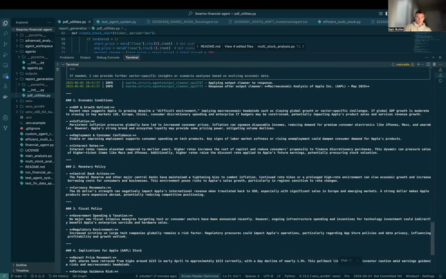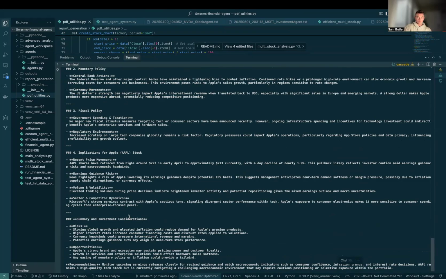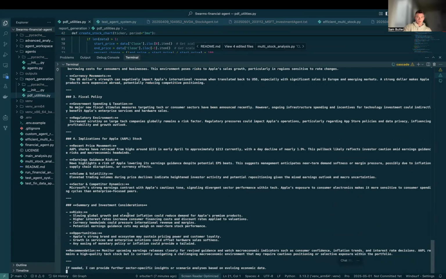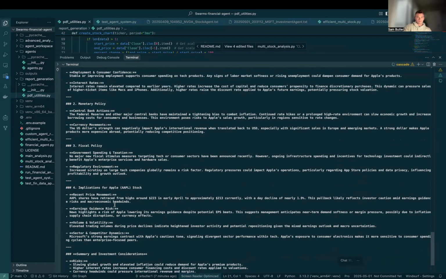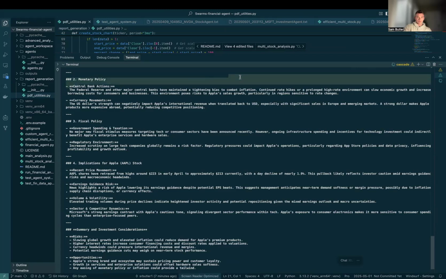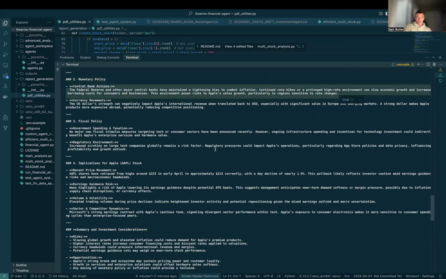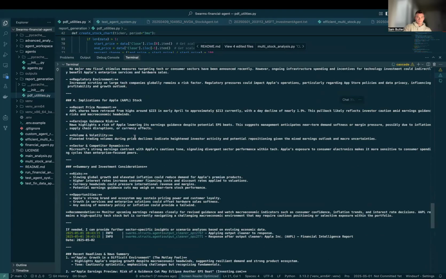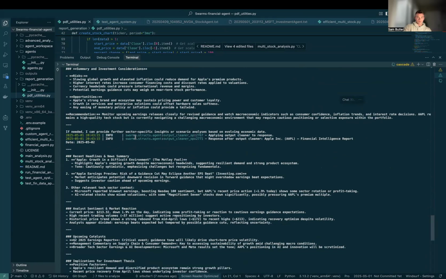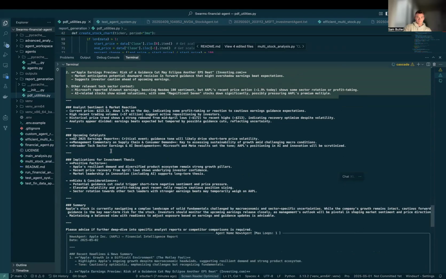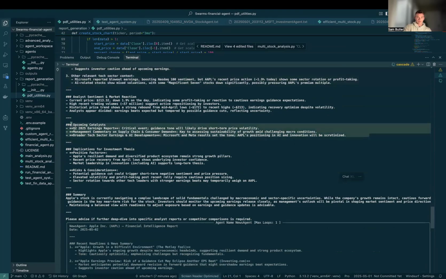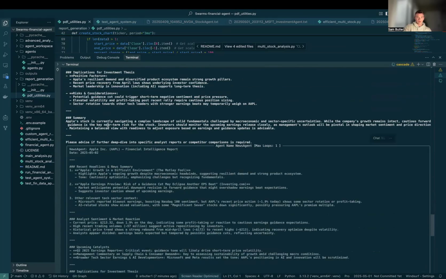It's giving everything within the context of how a portfolio manager would look at a stock. Central banks have maintained tightening bias to combat inflation. Yeah, so we're going through recent headlines here, and some upcoming catalysts that we should be aware of.